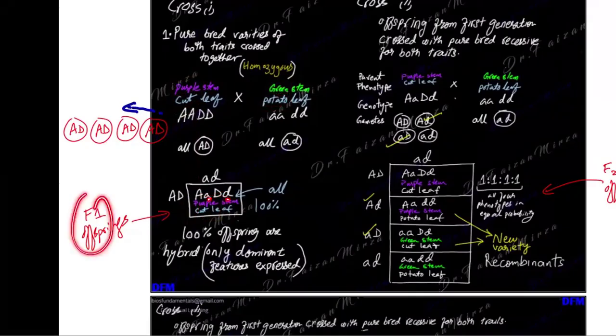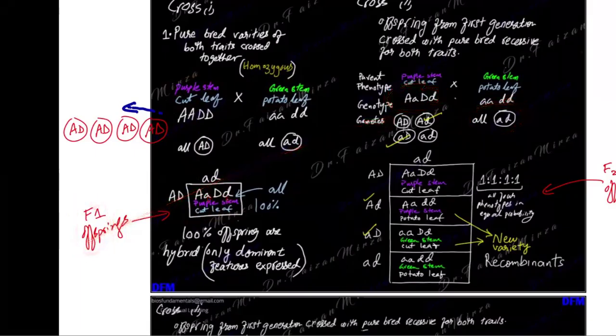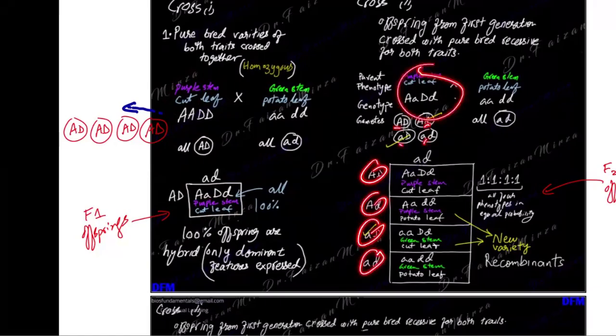Now, if we pick the F1 offspring and cross it with the purebred recessive, it means that all the gametes will have the recessive traits together. Now, if you cross them together, rather than making one box or two boxes, we'll make a 4 by 1 box, four to represent the four kinds of gametes that this individual will make, whereas this one will make only one kind of gamete, and all four gametes of this individual will be of the same type.